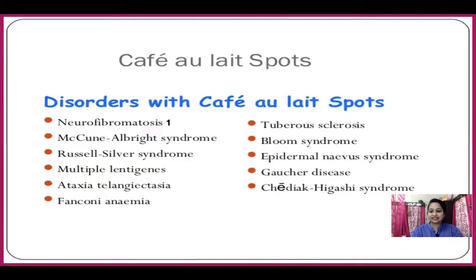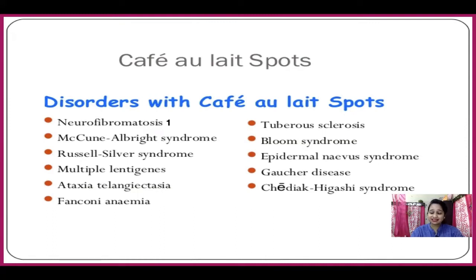Now coming to the causes. What are the pathological conditions? Disorders like, as we know in MCQs, neurofibromatosis 1 is one of the most prominent, where café au lait spots are found. Others are McCune-Albright syndrome, Russell-Silver syndrome, multiple lentigines, ataxia telangiectasia, Fanconi anemia, very well known, tuberous sclerosis, Bloom syndrome, epidermal nevus syndrome, Gaucher's disease, and Chediak-Higashi syndrome.